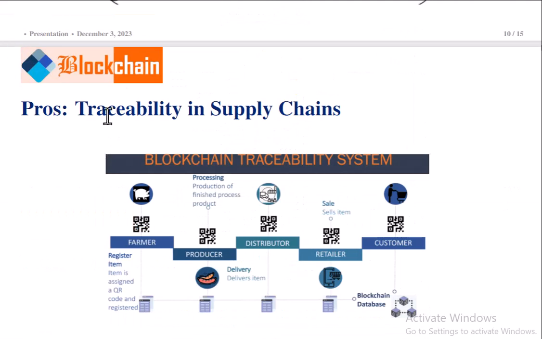Another benefit is traceability in the supply chain. So what is traceability in the supply chain? Blockchain enhances traceability by providing a verifiable and transparent record of the supply chain from origin to destination.